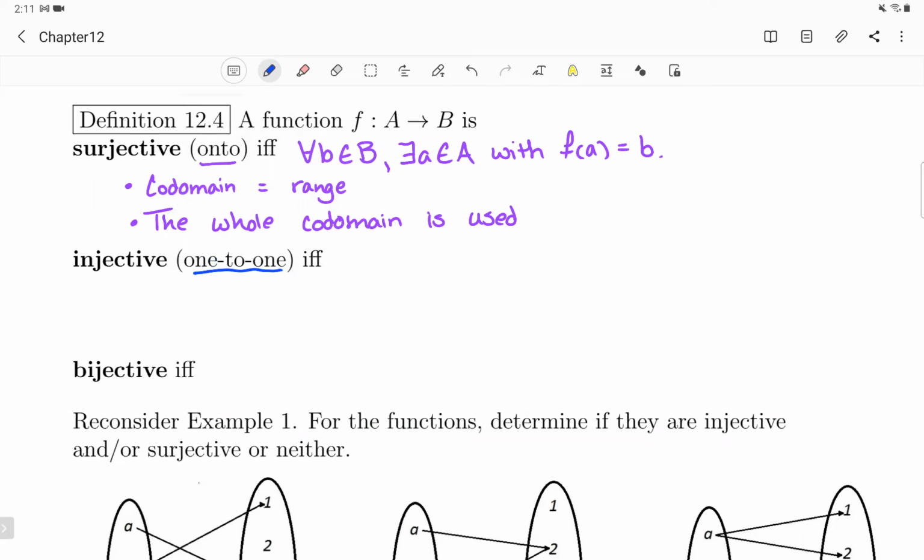F is injective, one-to-one, if and only if, for every A1 and A2 in capital A, if f of A1 equals f of A2, then A1 equals A2.